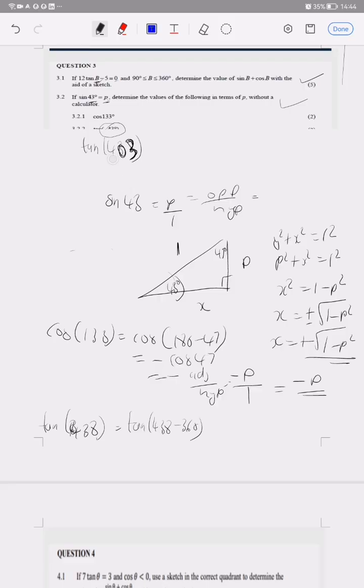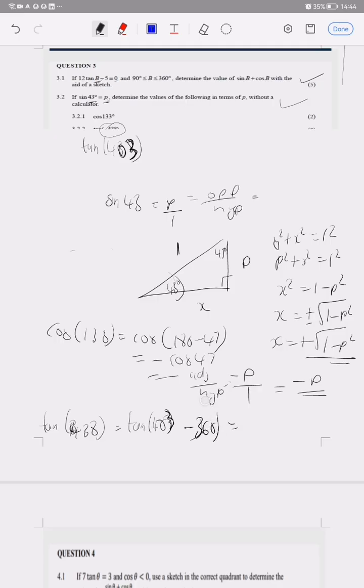All right, so if we are given a tan of 403, we are going to have, let's see, minus 360.